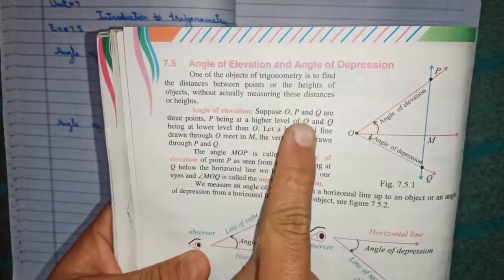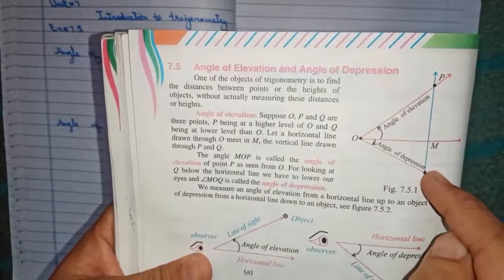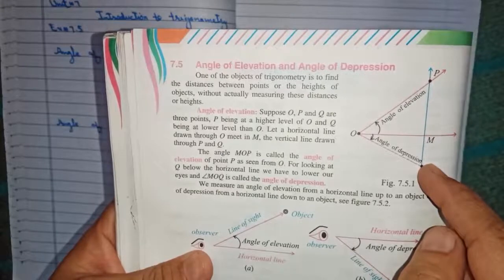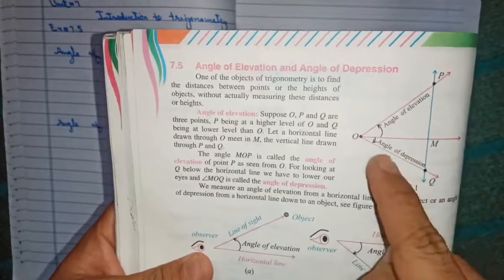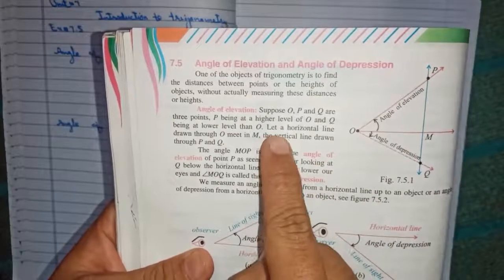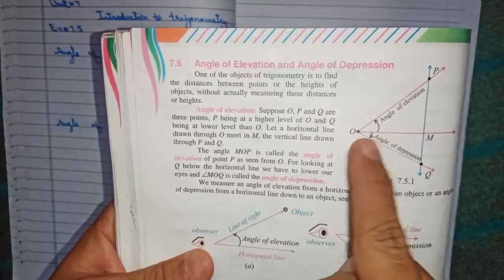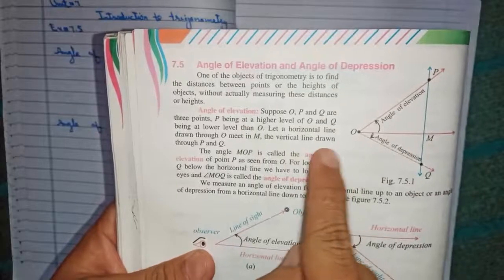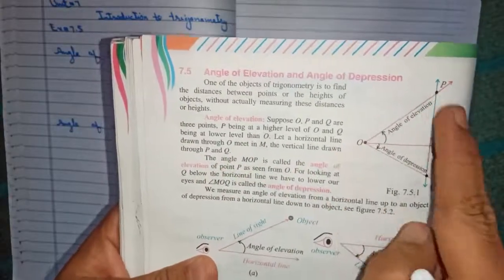Suppose P is at a height above O and Q is below the level. Let a horizontal line drawn through O meet the vertical line through P and Q at M. The angle formed is MOP.